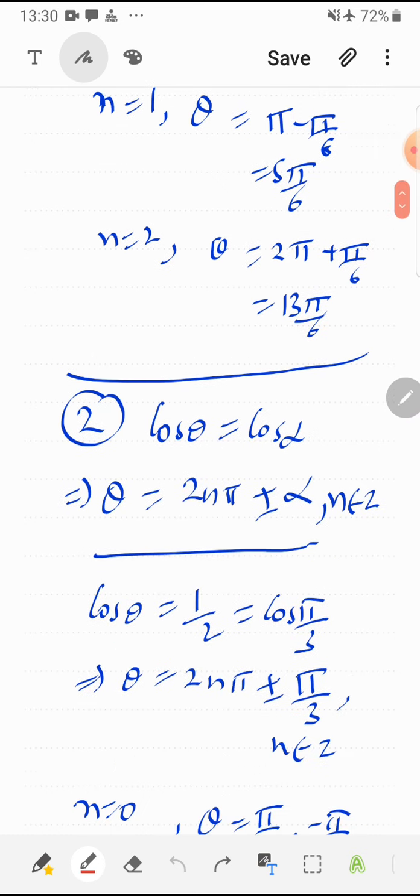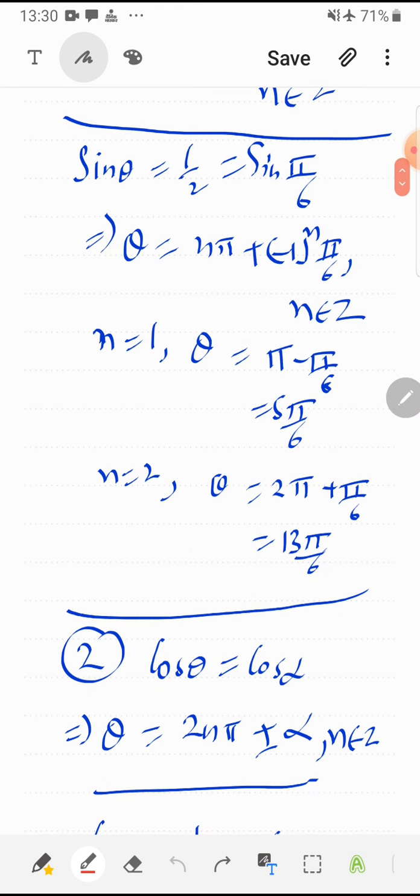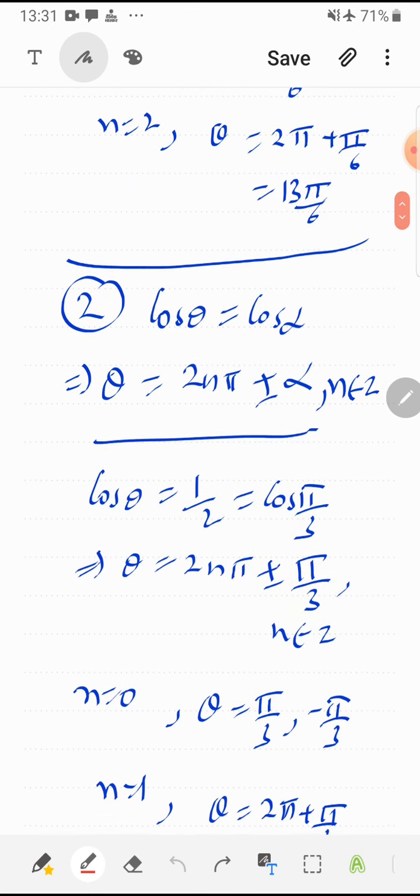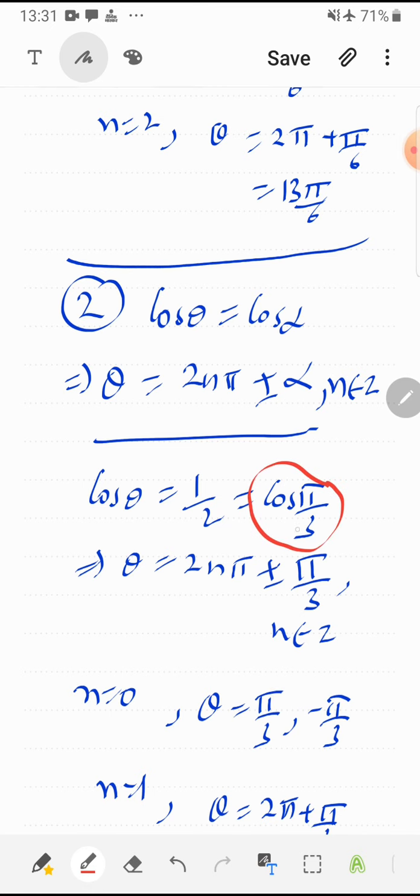Now when two cosines are equal, theta is equal to 2n pi plus minus alpha where n belongs to Z. Let us see how this result applies. Cos theta is equal to half. Half is cos pi by 3.